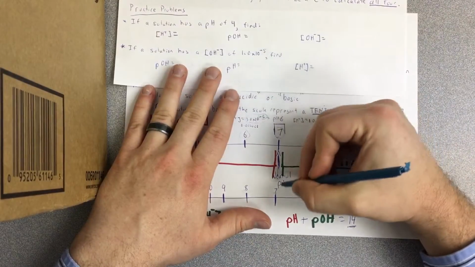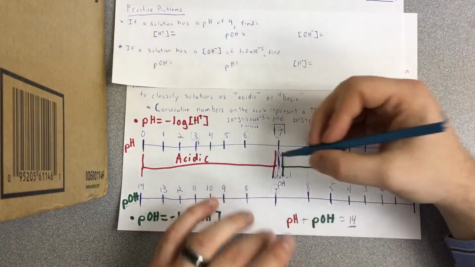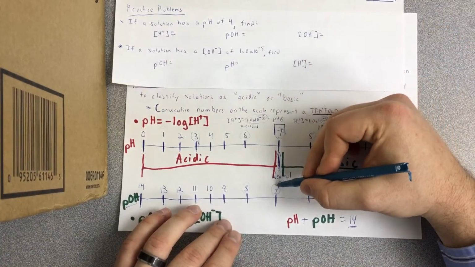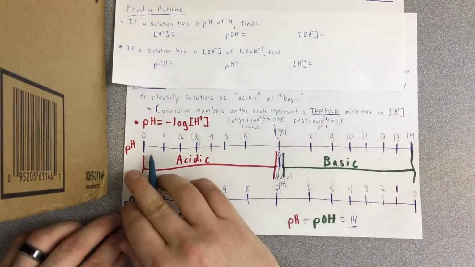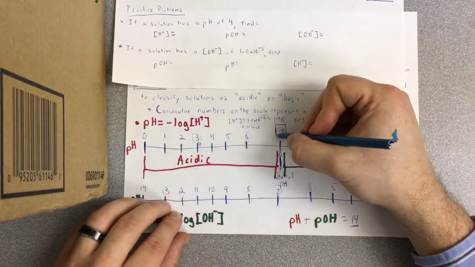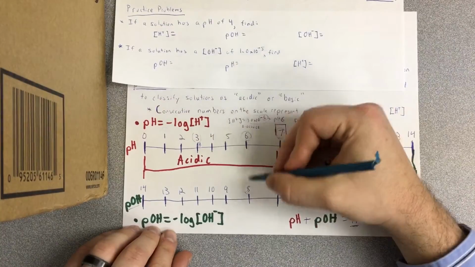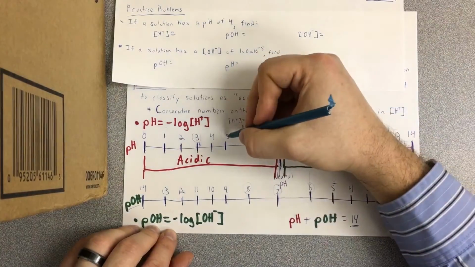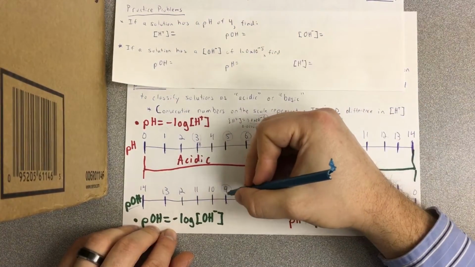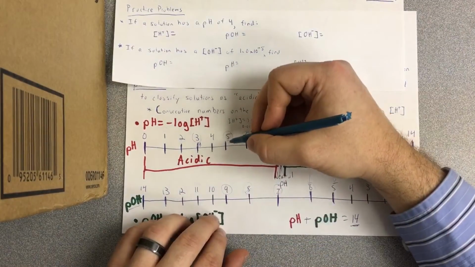That means at neutral pH, your pH and pOH will add up to a value of 14, 7 plus 7. And this pH and pOH scale will always remain in balance in that way. If the pH goes down to 6, the pOH goes up to 8. 6 plus 8 is still 14. If your pH goes down to 5, your pOH will correspondingly go up to 9, and 9 plus 5 still equals 14.